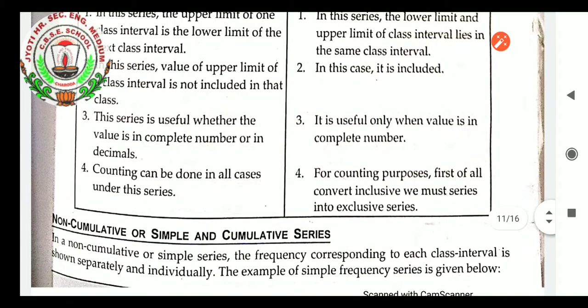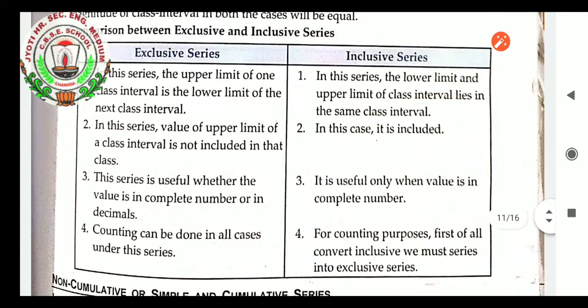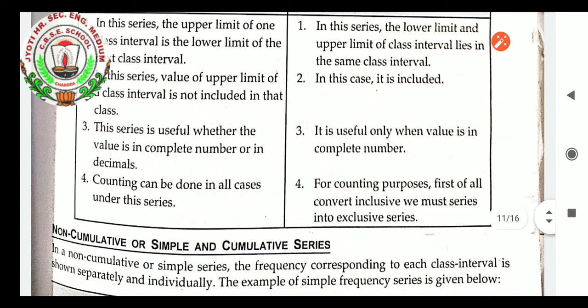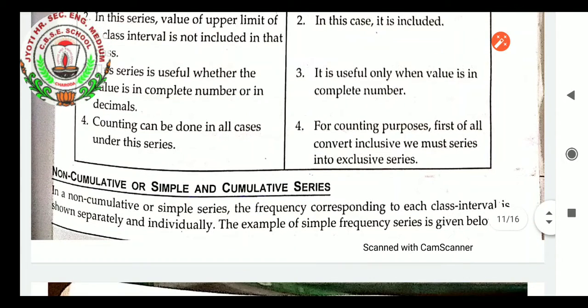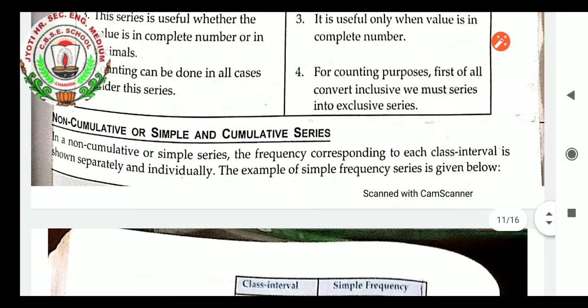The exclusive series is useful whether the value is a complete number or in decimals, but the inclusive series is useful only when the value is a complete number. Counting can be done in all cases under the exclusive series, but for counting purposes, first of all we must convert an inclusive series into an exclusive series.